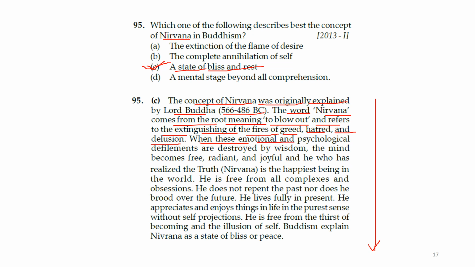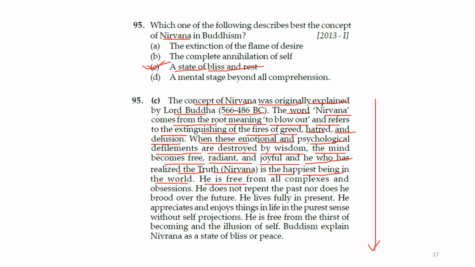When these emotional and psychological defilements are destroyed by wisdom, the mind becomes free, radiant, and joyful, and he who has realized the truth, nirvana, okay, nirvana also means truth, is the happiest being in the world.